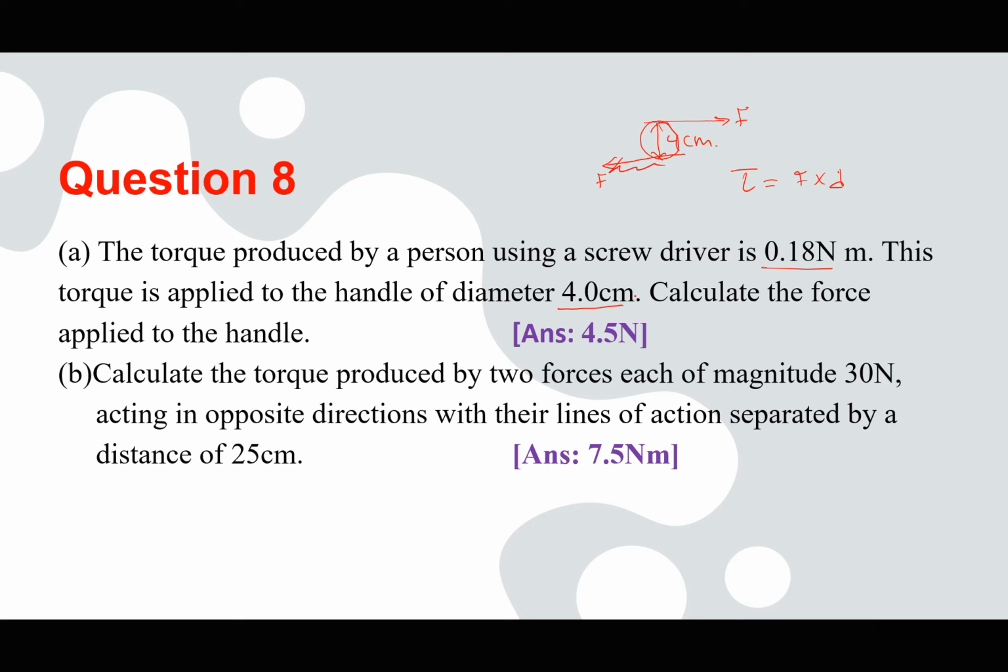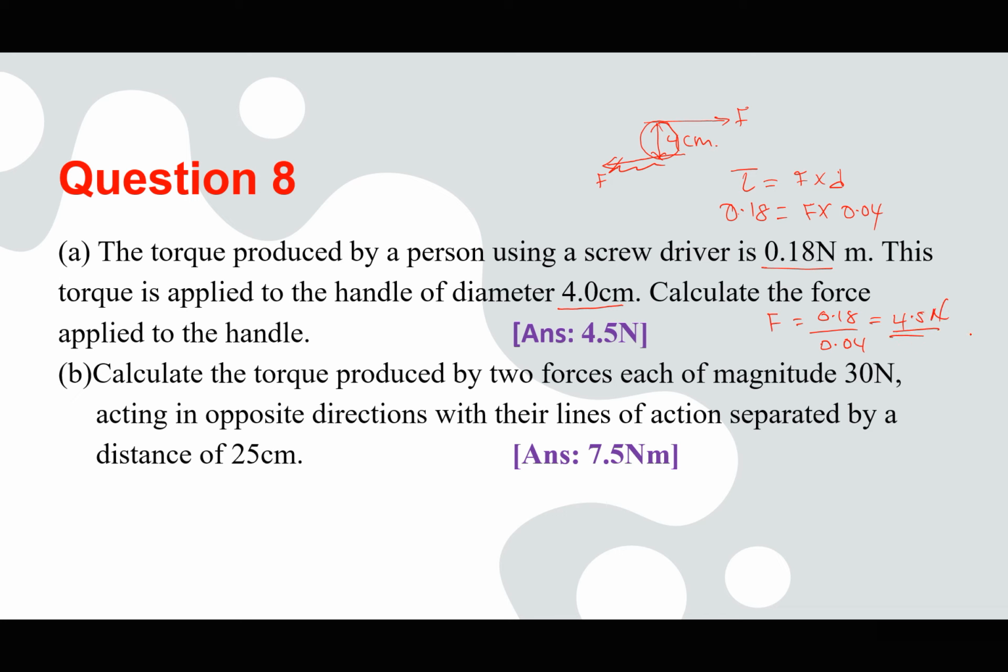So assuming 4 centimeters is the perpendicular distance from where the turning point is, we shall simply say that 0.18 equals the force times the perpendicular distance, which is 0.04. So F is going to be 0.18 divided by 0.04, which is going to be 4.5 newtons.